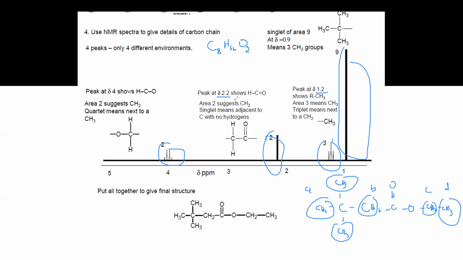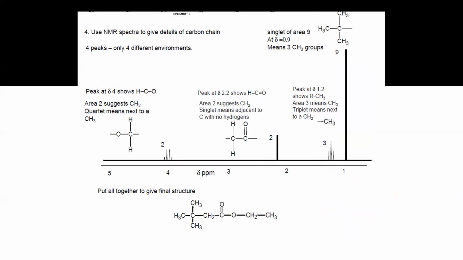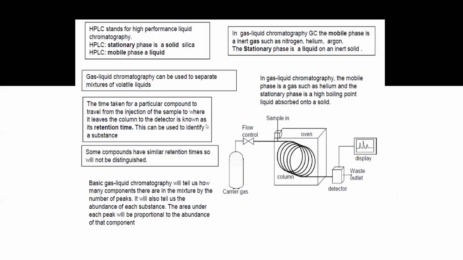Then you are getting a chemical shift with C double bonded with O. When C double bonded with O is attached to the carbon, the CH2 is there. You're getting a chemical shift at 2.1. And when O and C is there, next to that is CH2, you will get a chemical shift at 4. So when we work it all out together, this is a valid structure of the molecule. And you can see the chemical shifts.